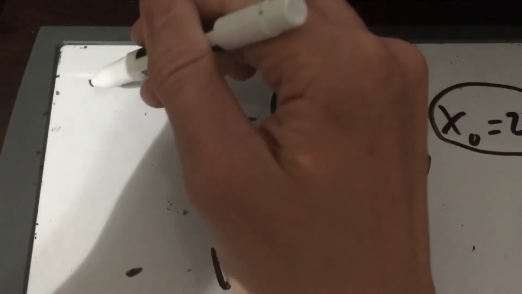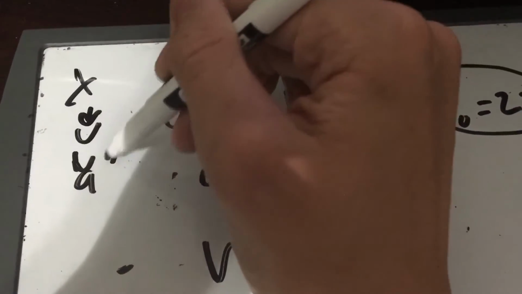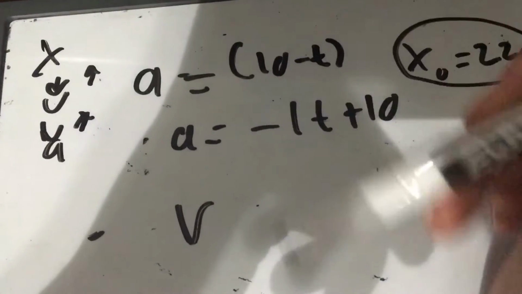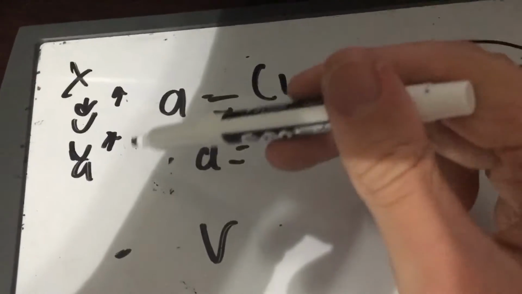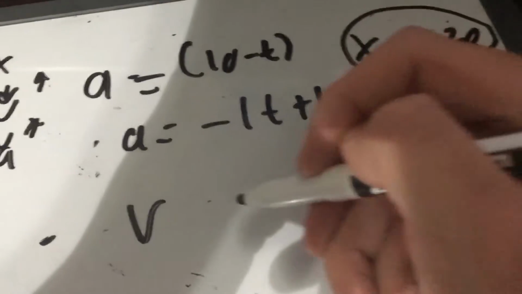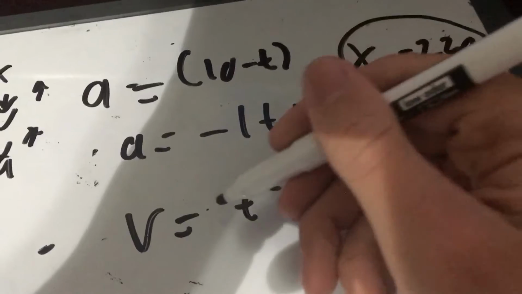So in order to go from acceleration to velocity, if we have x v a, if we know going down is derivative and up is antiderivative, since we're talking in terms of functions, velocity is right above acceleration, so that means we have to go up, which means we need antiderivative. So we're going to raise the exponent, and then divide.